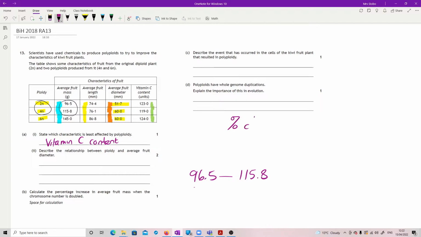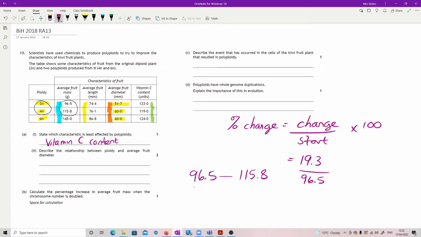So percentage change equals the change, divided by the start, times by 100. Okay, calculator out, 115.8 minus 96.5. So we have 19.3 divided by 96.5 times by 100, 20%.